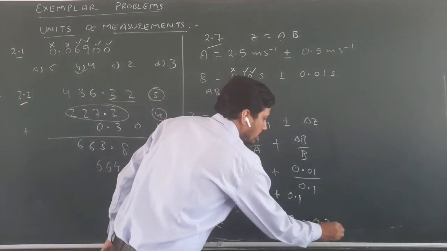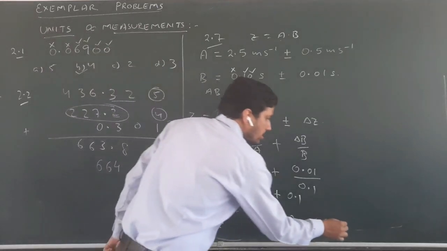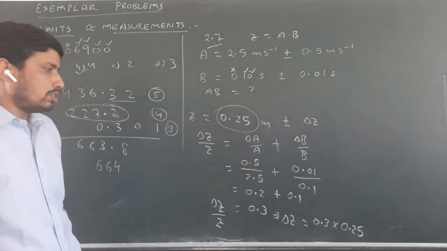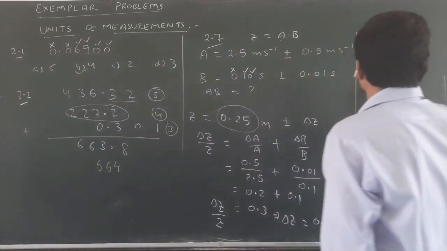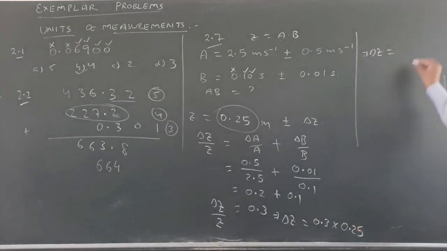So 0.3 multiplied by Z. Z is 0.25. So this comes out to be how much? So 25 into 3 is 75. So we have this much, 0.075.